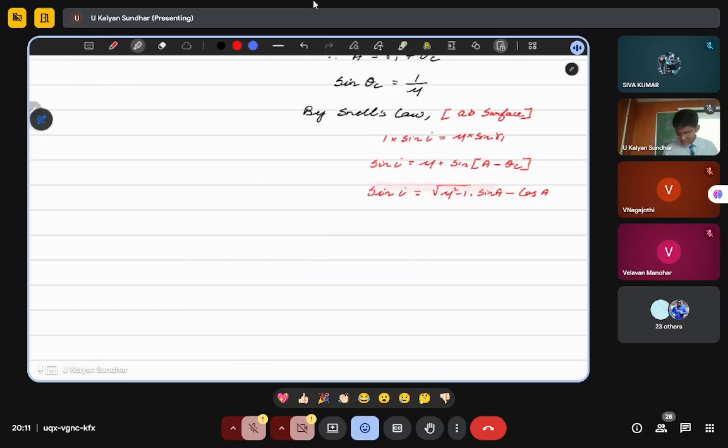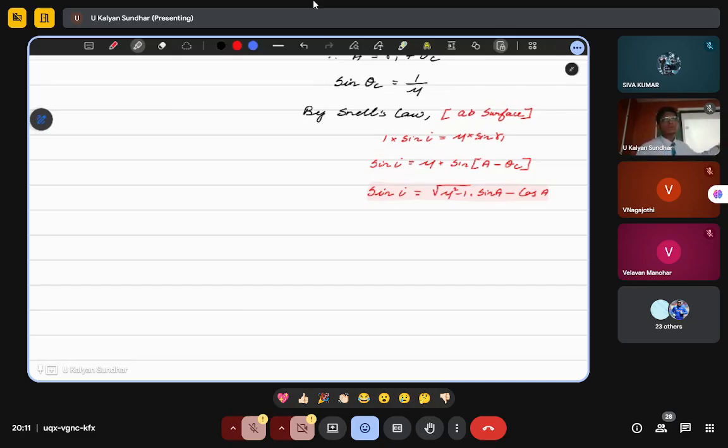So this will be your angle of incidence, sin I. If they ask only for I, then sin inverse of your under root of this one. Right? Now where did C go? Theta C. So 1 by mu is your sin theta C value. So when it comes as cos C, I can also take cos theta C, because sin theta C is 1 by mu.